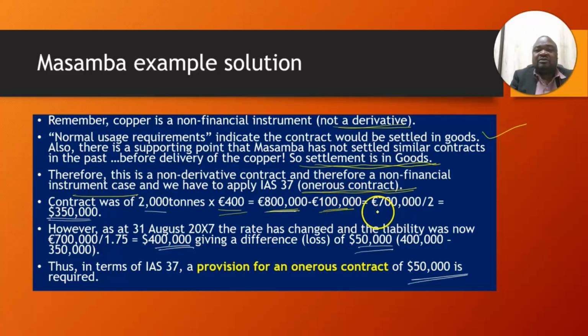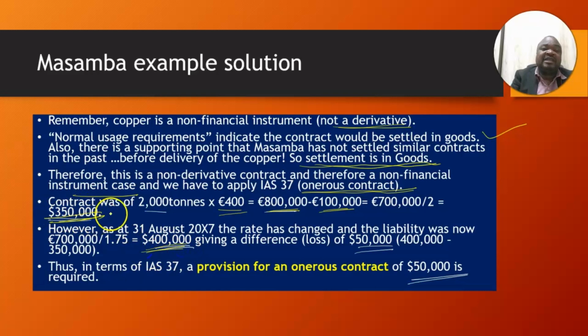So this comes to 700,000 divided by the exchange rate of the day, which was 2 euros per dollar. So this comes to $350,000. However, as at 31 August 2027, the rate has changed and the liability was now 700,000 divided by 1.75, which means we are now going to pay more dollars.